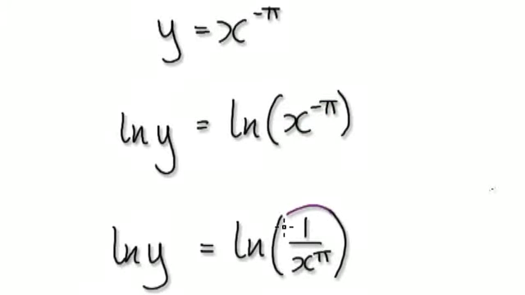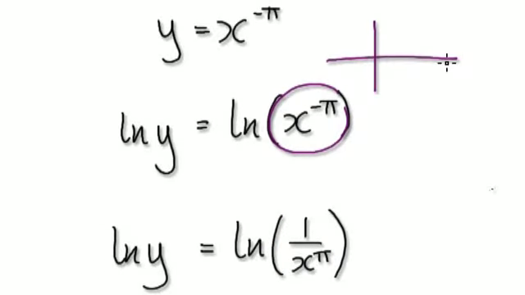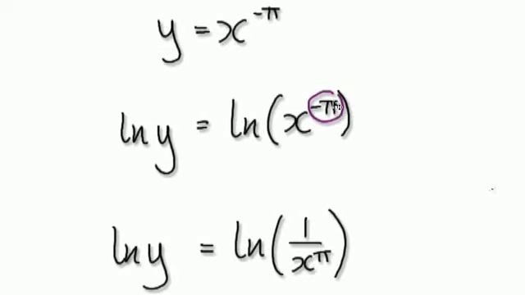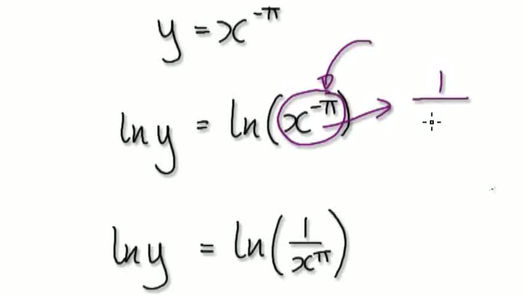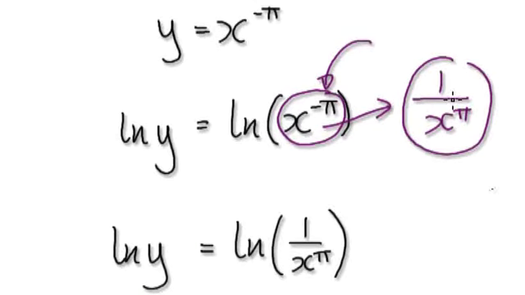So rewrite this as this, and remember, nothing really breaks down here, because if you look at the graph of the natural log of x, it breaks down when you're in the negative realm. But even though the power is negative, this whole thing collectively is never negative, because when you jump to 1 over x to the power of pi, it cannot be a negative.